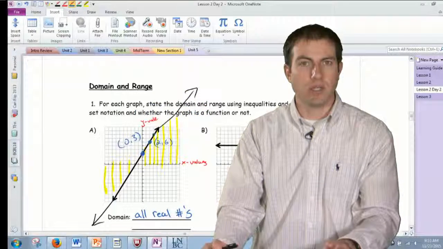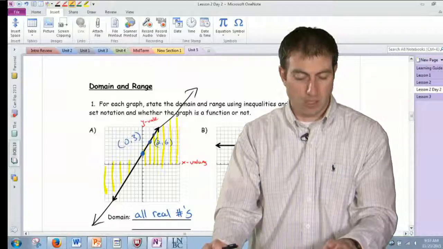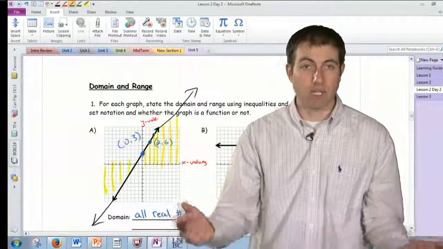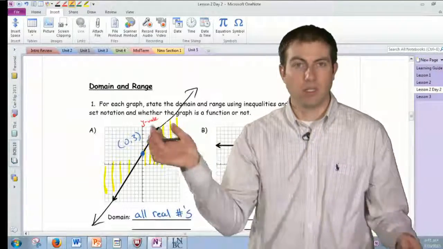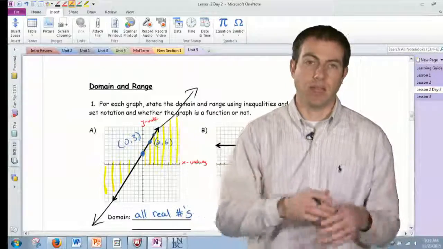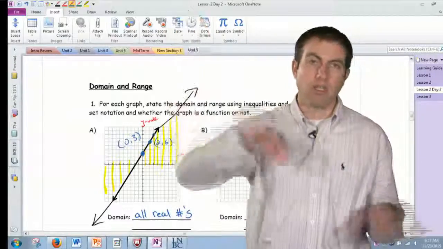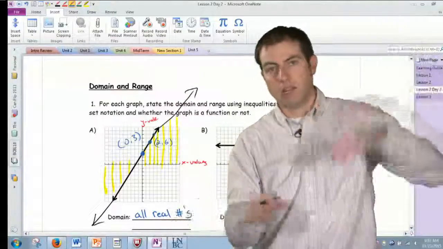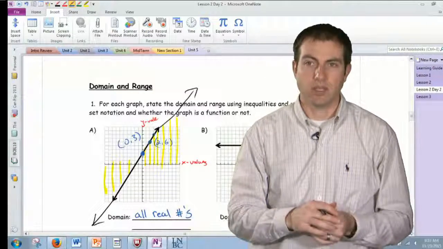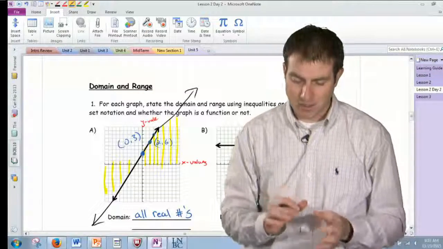As long as we have a real number, it's going to be there. So the domain is going to be every x value from negative infinity to positive infinity. That line's going to go on forever. It'll hit every x value there is. Hopefully that kind of makes a little bit of sense.